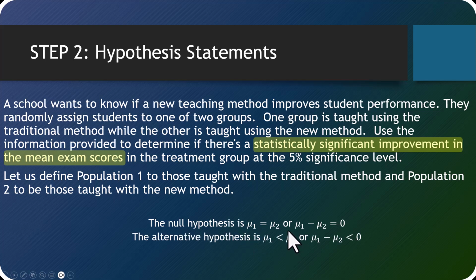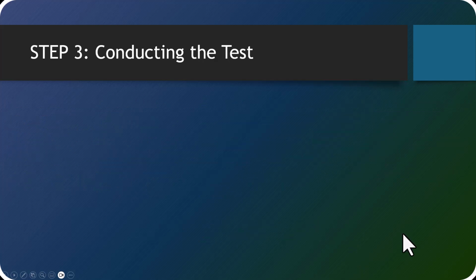So if mu2 is larger than mu1, that means mu1 is less than mu2. Or we can also write it as mu1 minus mu2 is less than 0. Okay, so now we are ready to go ahead into the trenches and start doing our hypothesis test.